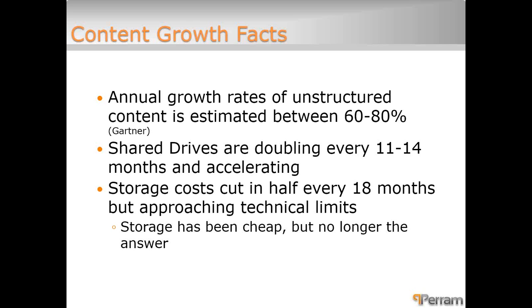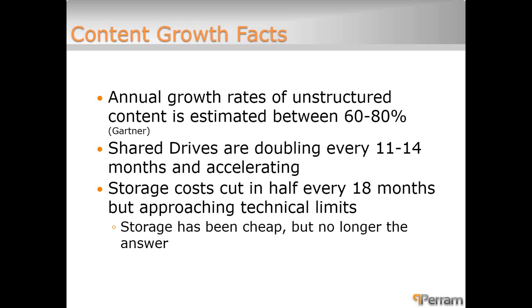So we've been running pretty comfortably around every 18 months for storage costs to be cut in half. So in other words, every 18 months you could use the same $100 and buy twice the storage. That's starting to hit a technical limit. I'm sure there will be breakthroughs, there always are, but it's bumping up against some technical limits, right?